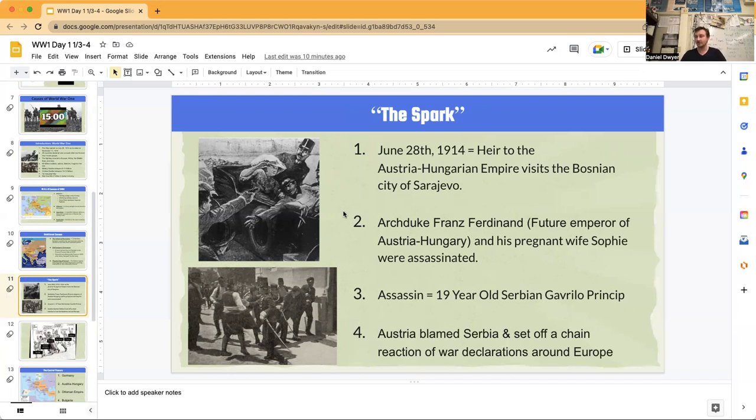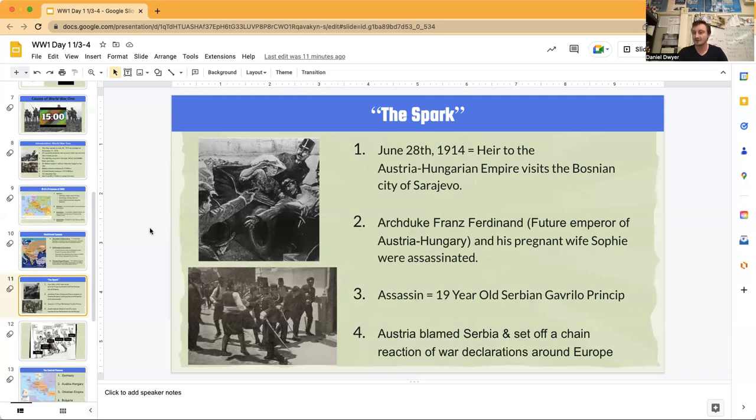They visit Sarajevo, and he is murdered or assassinated by a 19-year-old Serbian, part of, I can't remember if it's Black Hand or the Black Fist. It was kind of this radical group in Bosnia who wanted more separation from Austria and Hungary, right? So Austria is going to blame Serbia.